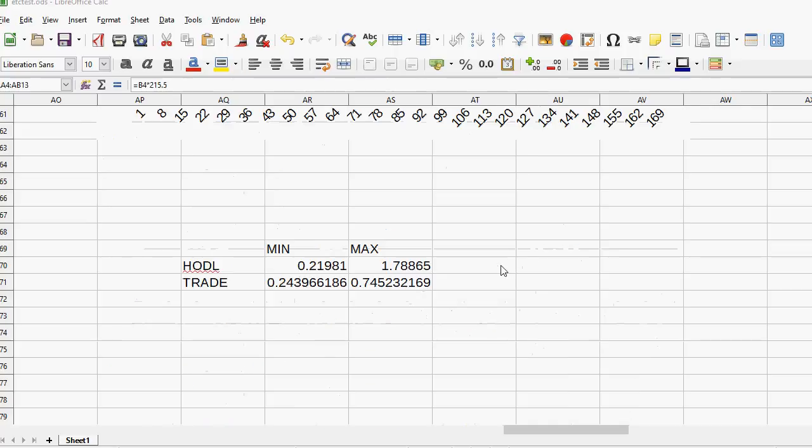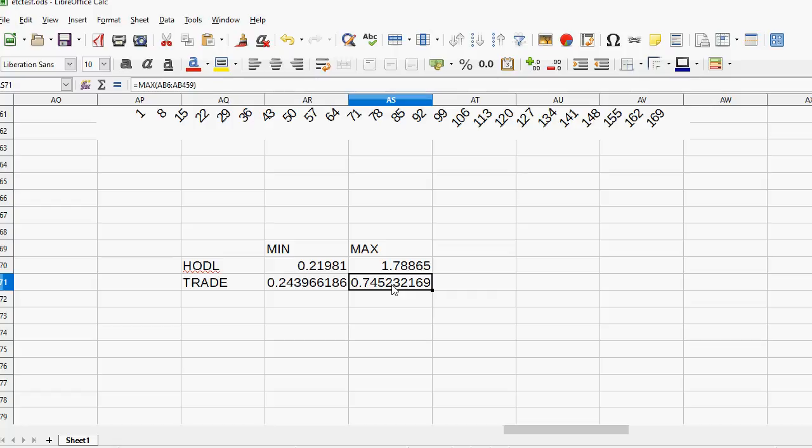So the maximum the 0.3 holder got up to was being worth better than 1 3/4 Bitcoin, and was down to as low as 0.219. The trader, the lowest their balance ever got to was 0.2439, with this being the highest.